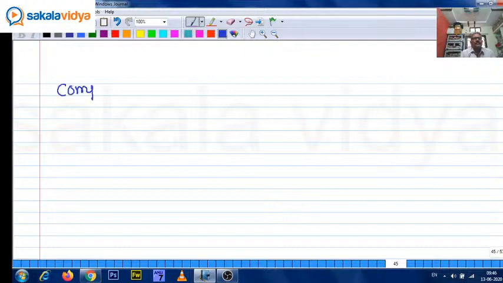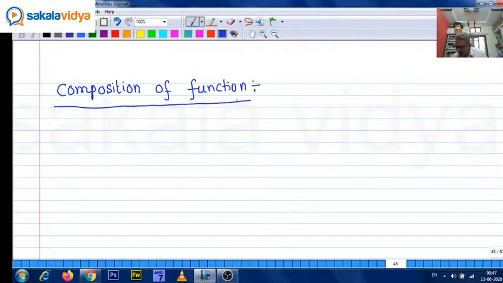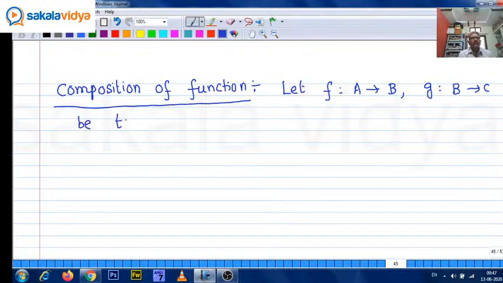Okay, next, composition of functions. For example, let f maps A to B and g maps B to C be two functions.